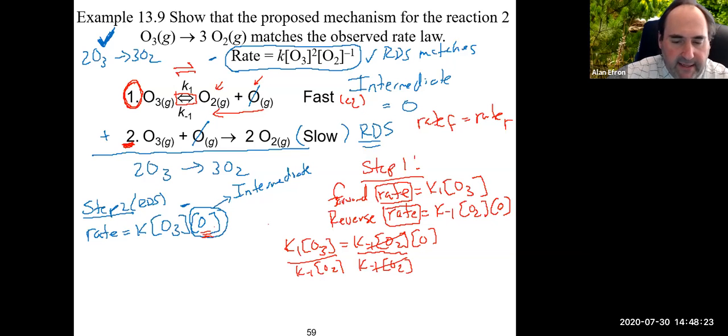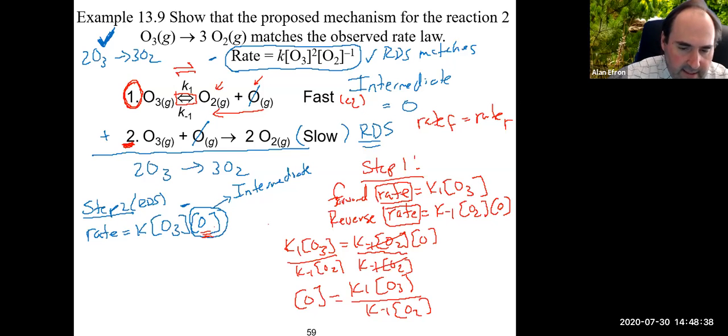And ultimately what that gives us is that the concentration of O equals K1 O3 divided by K to the minus 1 O2. And hopefully you can see mathematically, we then could take what we just solved for and substitute it into our rate law for that slow step.